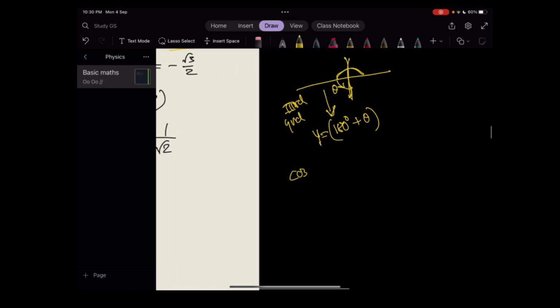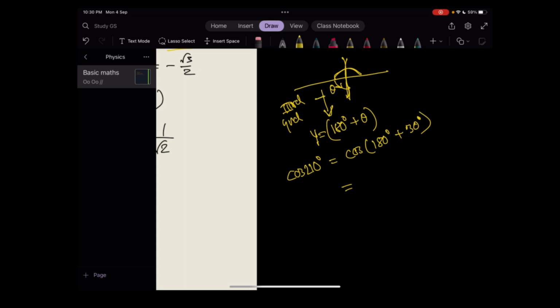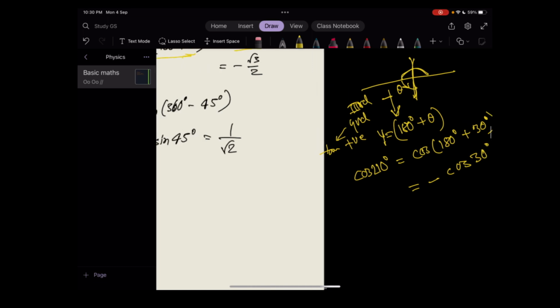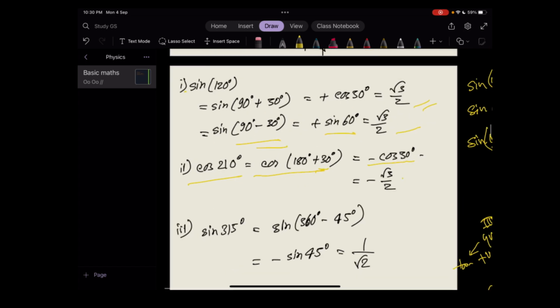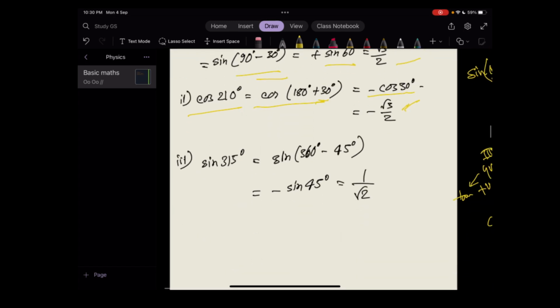So cos 210 degree means cos of 180 degree plus theta, that is plus 30 degree. As it is the third quadrant, only tan must be positive, rest must be negative. So minus cos 30 degree, we have the value. Now we know the value of cos 30 degree is root 3 by 2. So we have our answers.